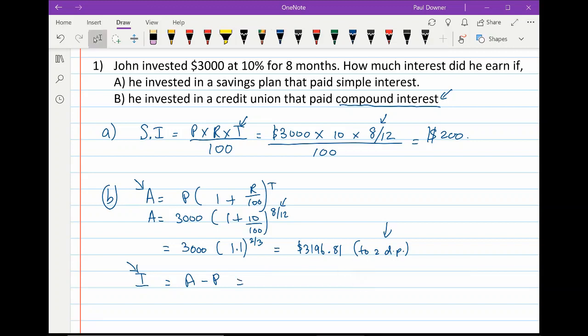So the amount accruing minus the principal is going to be 3196.81 take away 3,000.